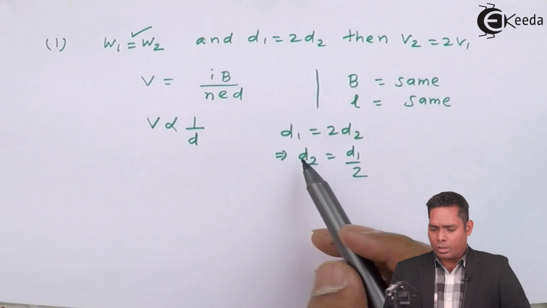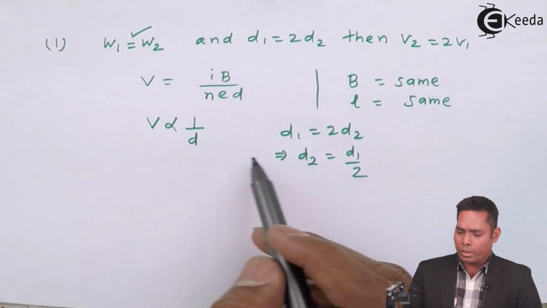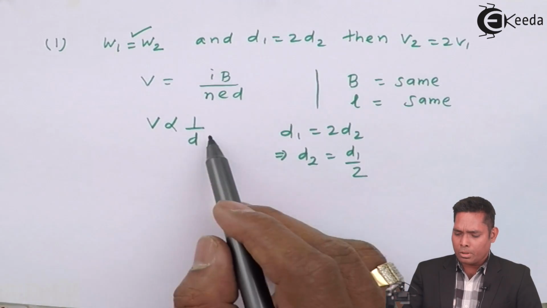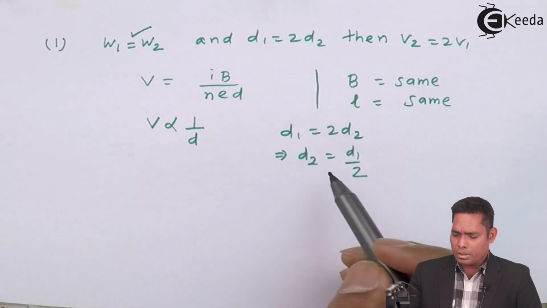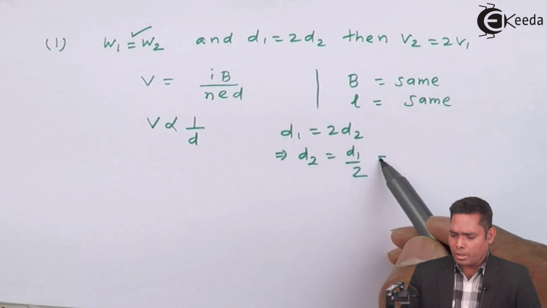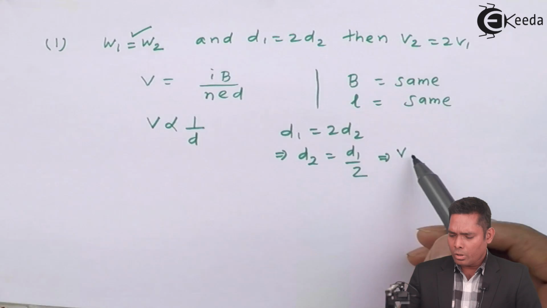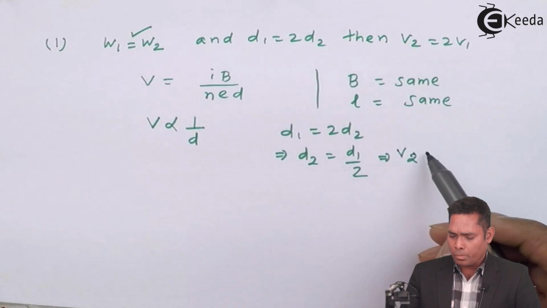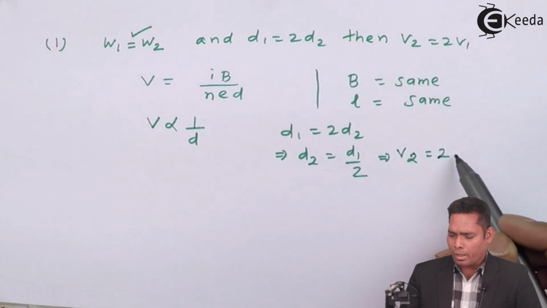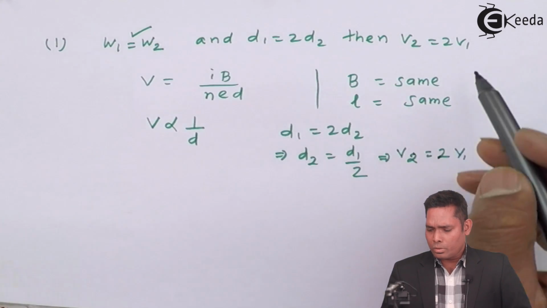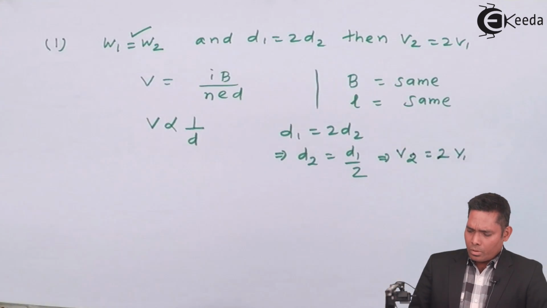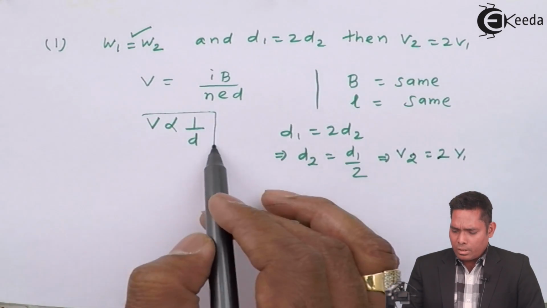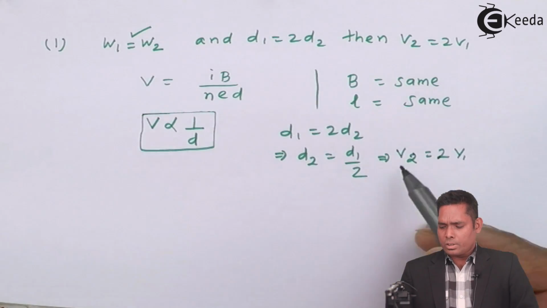That means if D is half of the initial value, V will become double. If D2 is D1 by 2, that implies V2 should be 2 times V1. So this relation is correct.